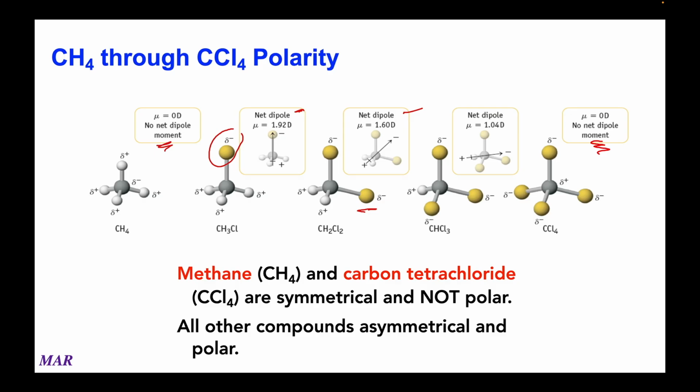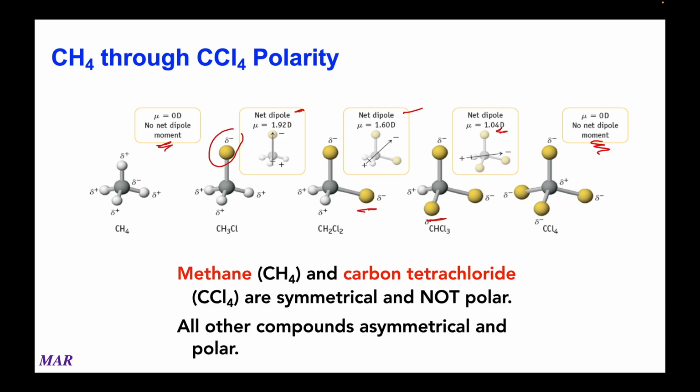Replace a third hydrogen with a chlorine, now again asymmetric because 1 hydrogen and 3 chlorines, nothing's the same, polar. But again, when you have every position with hydrogen replaced with a chlorine, that's going to have a symmetric environment once again, nonpolar. So the far extremes are nonpolar, but everything in the middle is polar.